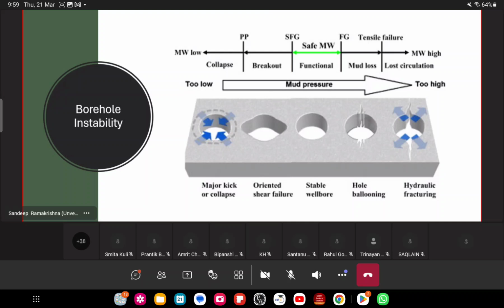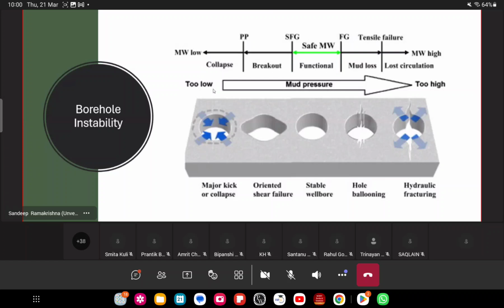Now, this is an excellent picture where we are comparing everything in terms of mud weight. And that is one of our basic tools to control how we drill a well, right? The mud weight. Now, here we have a scale that goes from too low a mud weight to too high a mud weight.